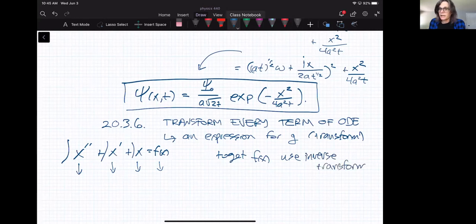So as advertised, one of the main things that I wanted to get to in this class was a way of solving differential equations that takes the calculus out of it and makes it an algebra expression. In the case of Fourier transforms, you still have to do the Fourier inverse transform to get back the answer.